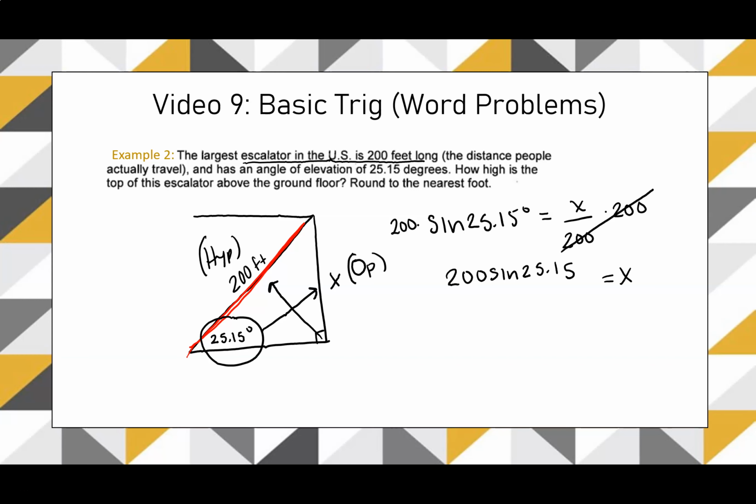And I get 85. It's 84.99, but let's just say x equals 85. And we do need to go back and make sure our units are proper. So we've got feet here, so I need to go ahead and say that we have 85 feet. So that means our 200-foot escalator actually rises about 85 feet. That seems reasonable.